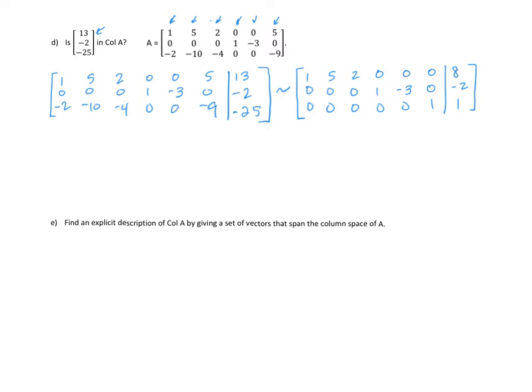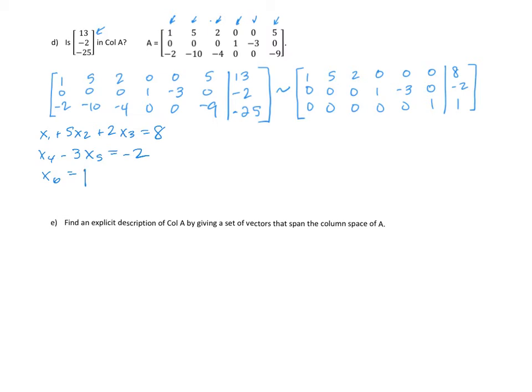Okay, so I've done the row reduction, and this translates to x1 plus 5x2 plus 2x3 equals 8. x4 minus 3x5 equals -2. And x6 equals 1.